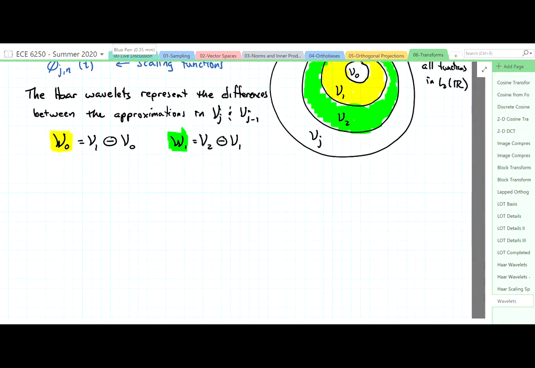In essence, this W0 space is kind of strange. So they're constant. Here W0 functions are constant over intervals of length 1/2.